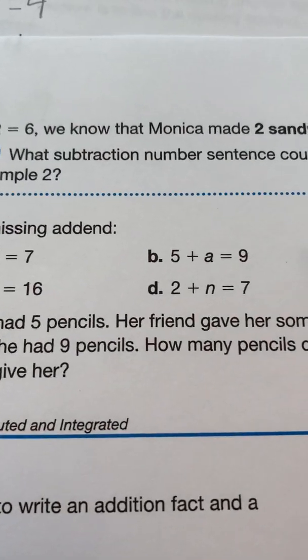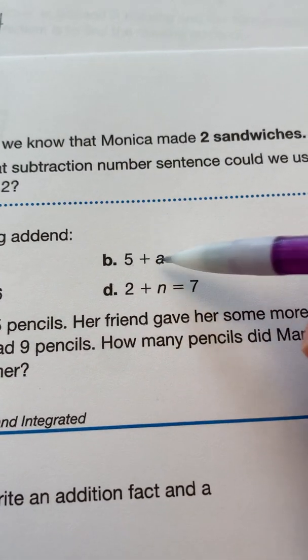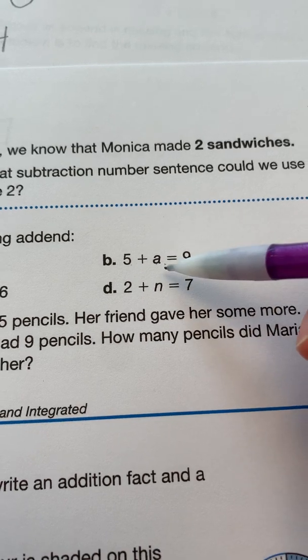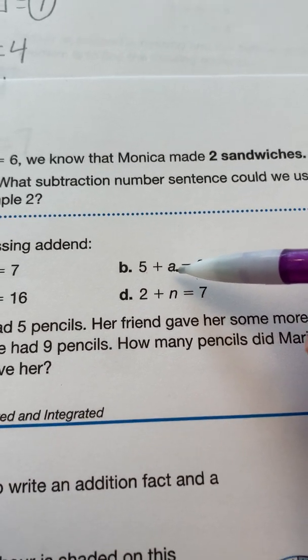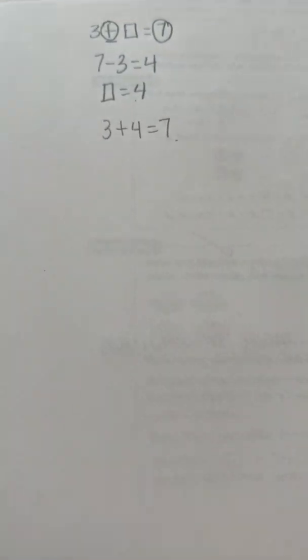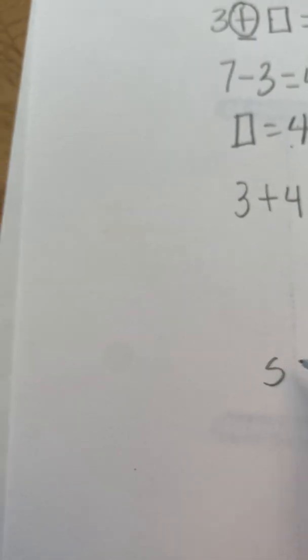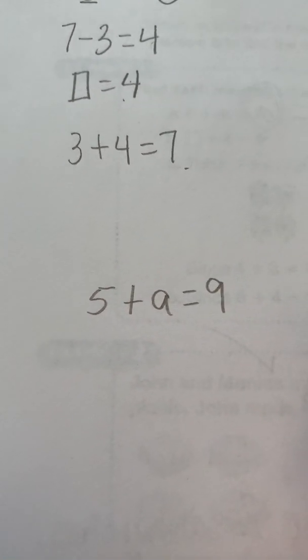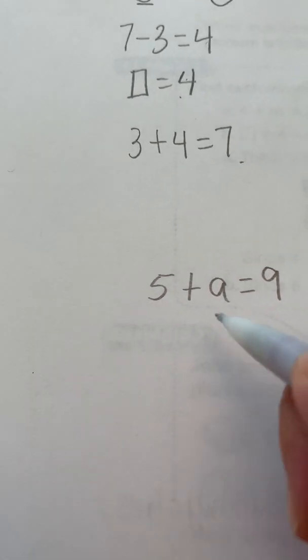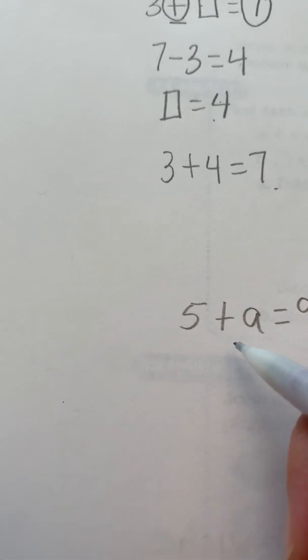Let's take a look at B. B, we have 5 plus A equals 9. In this number sentence, you see it's not a box, it's a letter, okay? Same concept. All right, here we have 5 plus A equals 9. Again, I'm going to do the opposite of addition, which is subtraction.